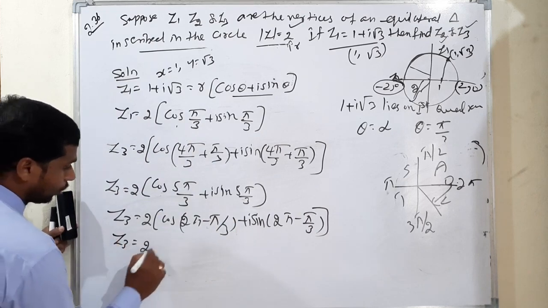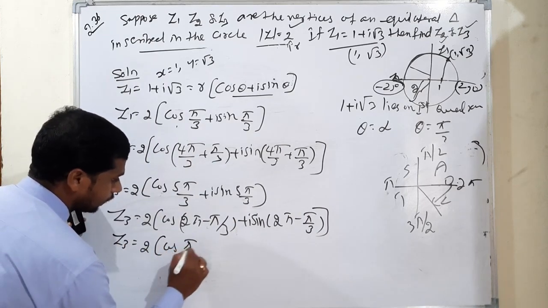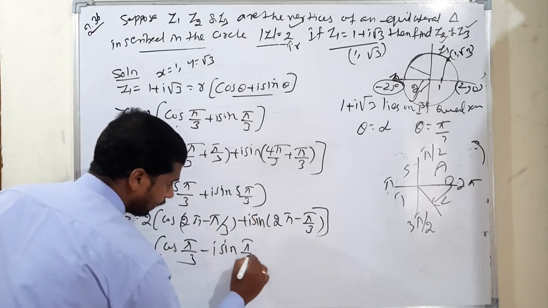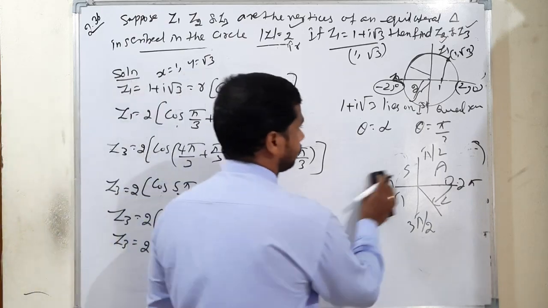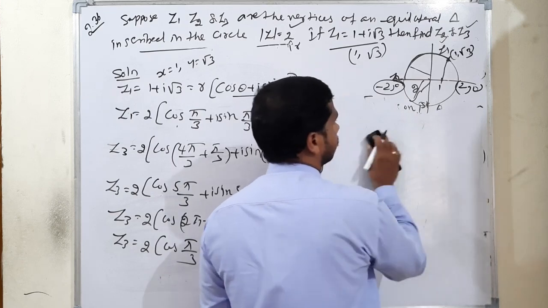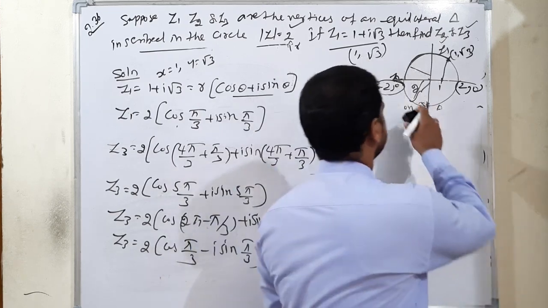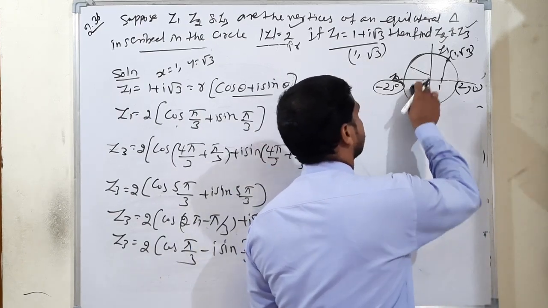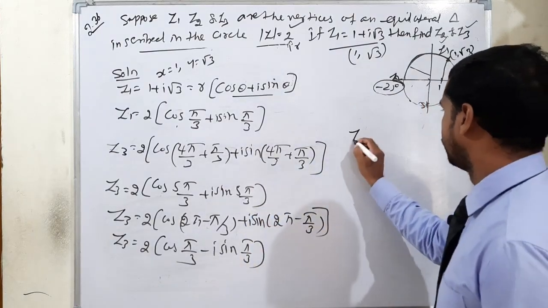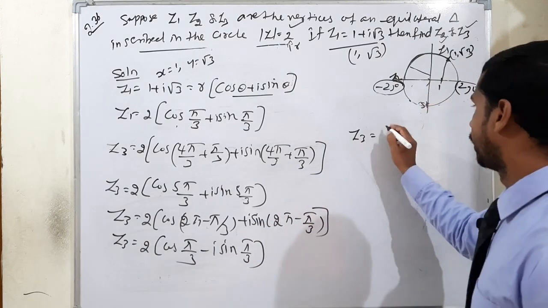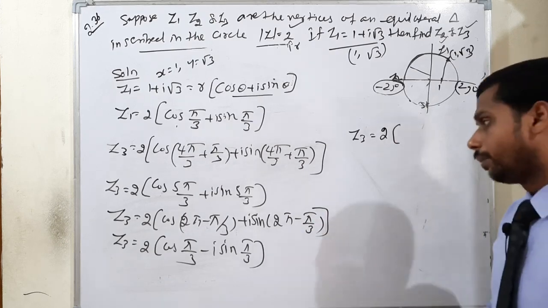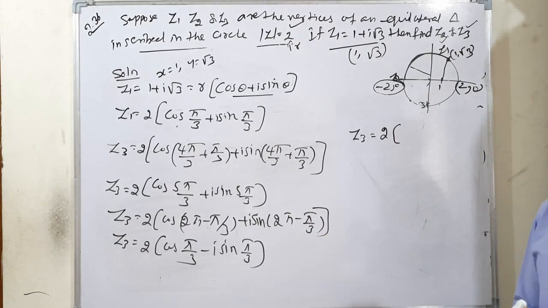Therefore, Z3 is equal to 2 of cos pi by 3 positive, but sin negative, minus i sin pi by 3. Now, Z3 is equal to 2 outside, cos pi by 3. Cos pi by 3 means 180 divided by 3, which is 60, isn't it? So, cos 60 and sin 60 values.